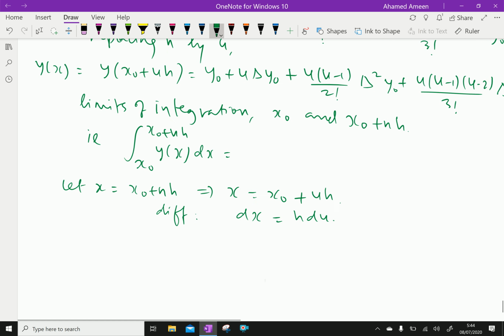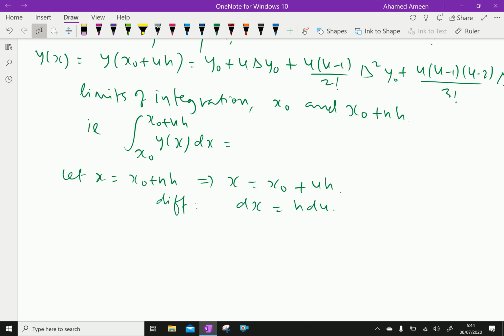Here h is the equal spacing distance. Now we got dx equal to h du.